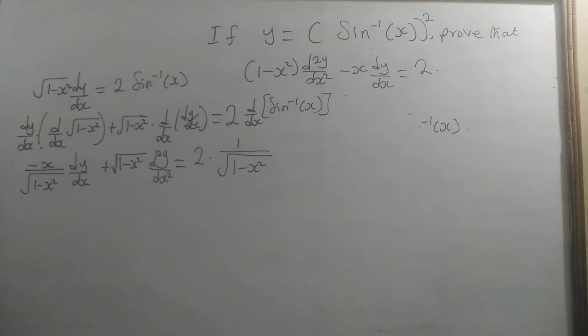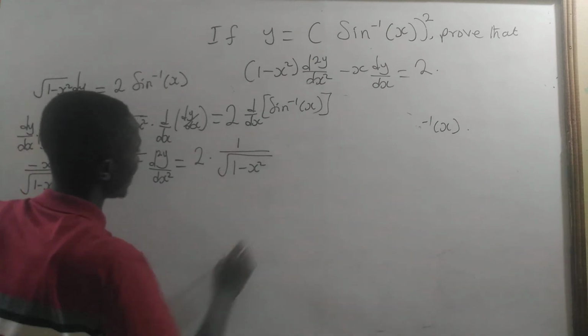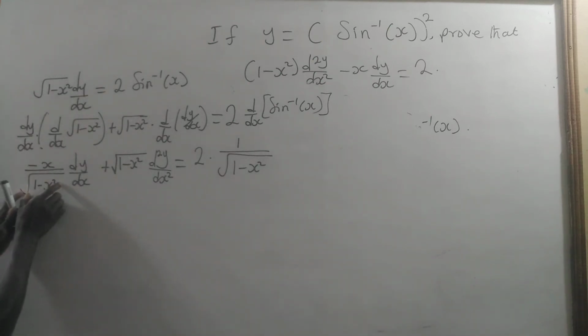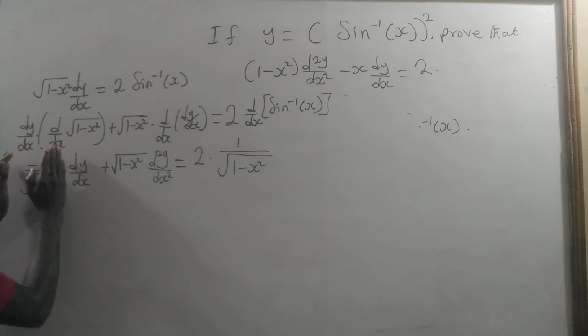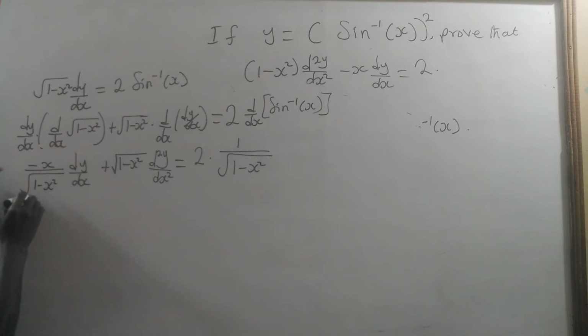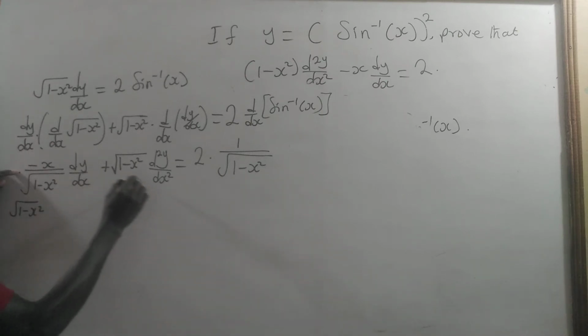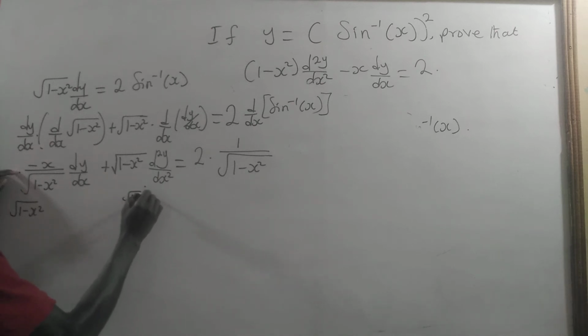Here the question is almost solved. Why? Because we can multiply 2 by the denominator, that is square root of 1 minus x squared. We multiply here by square root of 1 minus x squared. We multiply here by square root of 1 minus x squared.